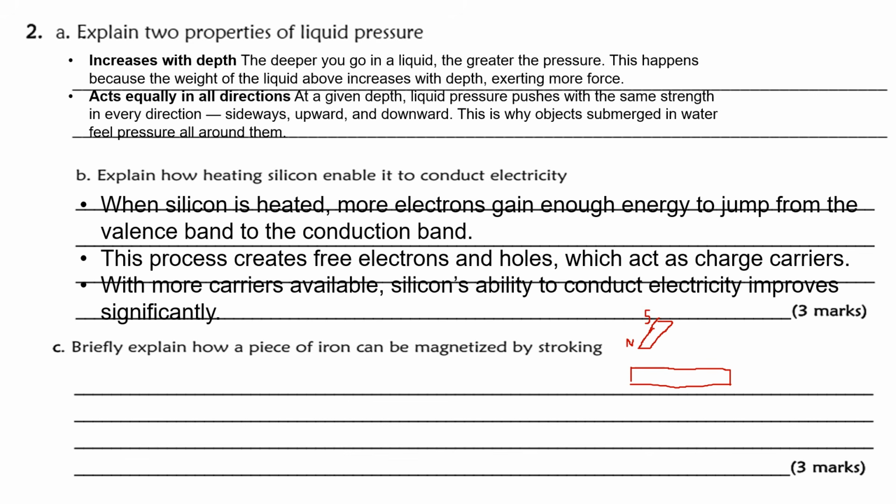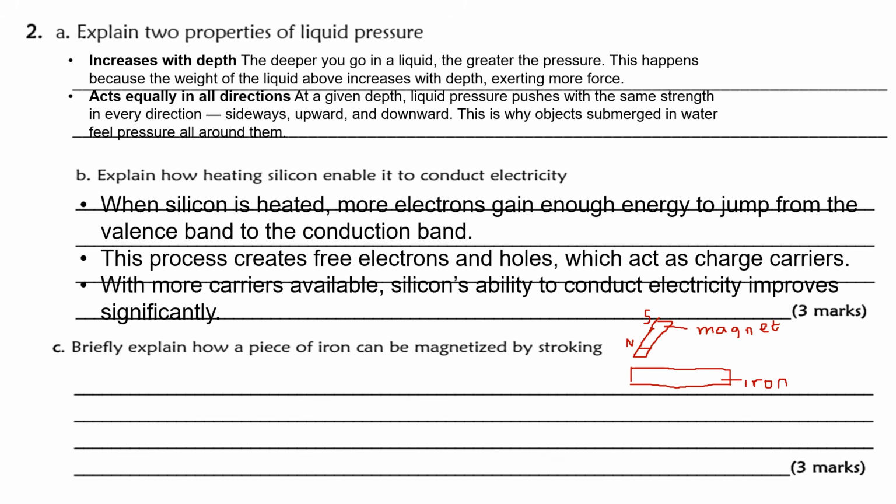So this is a magnet. And then this one is your metal, which is iron, to be magnetized or to be turned into a magnet. So that's the setup. So 3 marks require you not to draw a diagram like that. I was just doing this to illustrate the point.